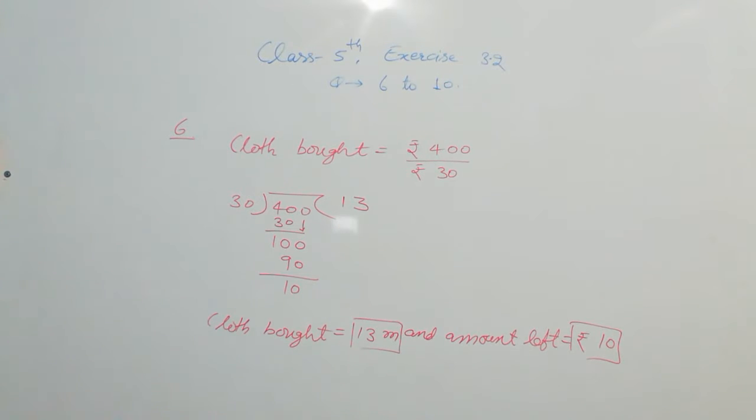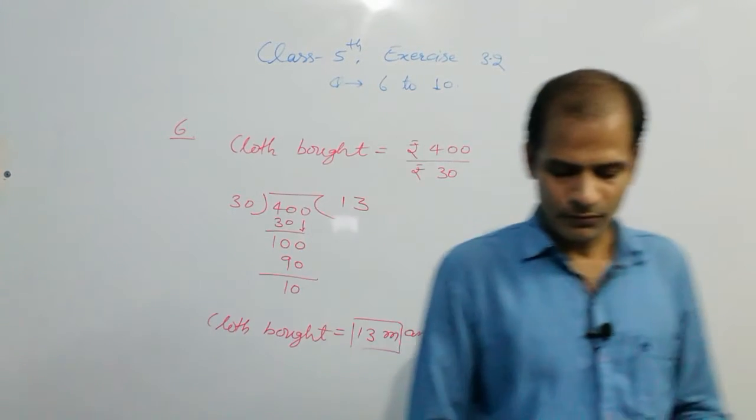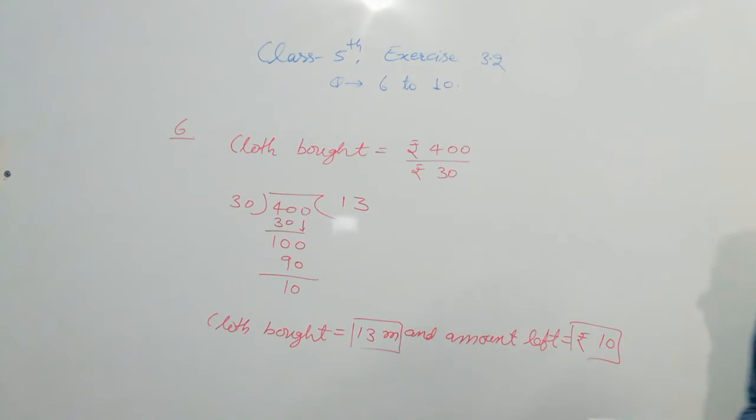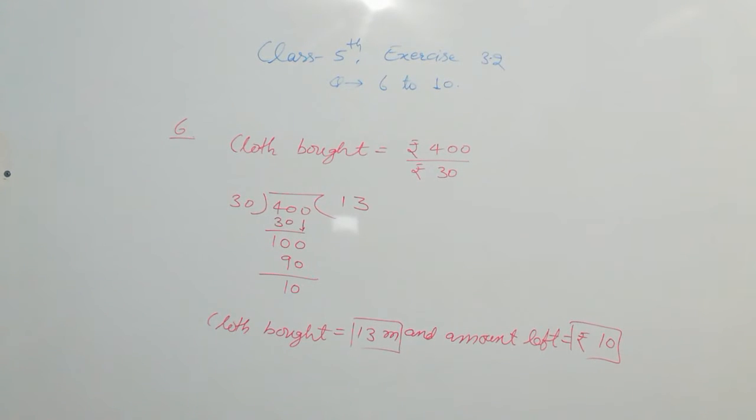Okay, and draw a rectangle around your answer so it is highlighted. Now the answer of question number 6 of exercise 3.2 is 13 meters and rupees 10. Okay students, note it down. Pause the video and note it down.